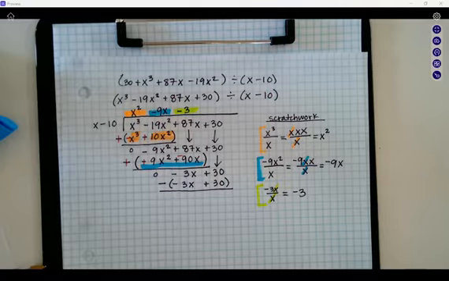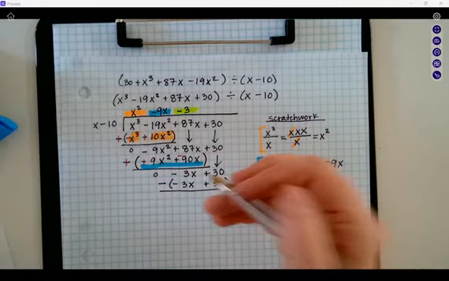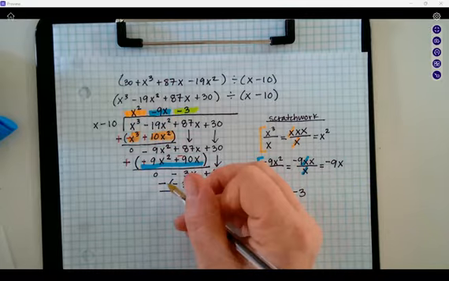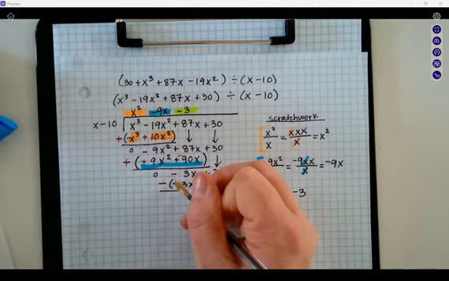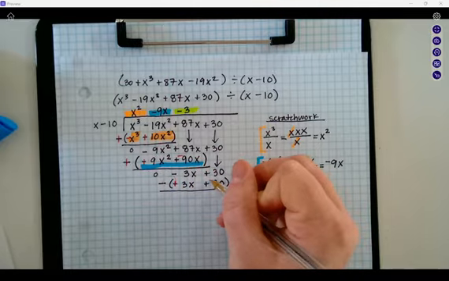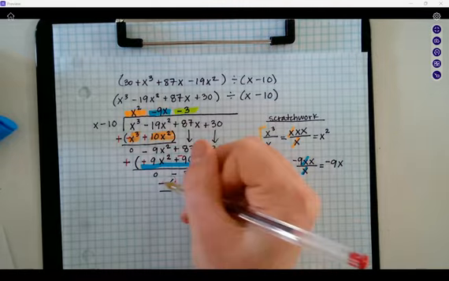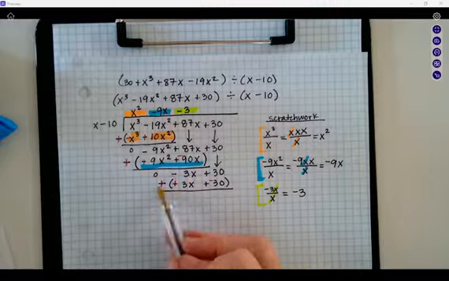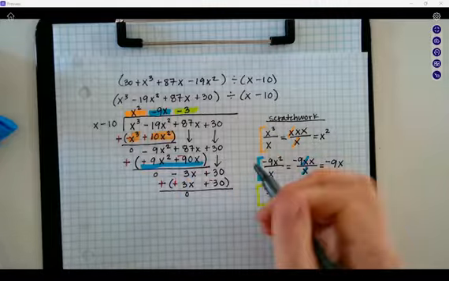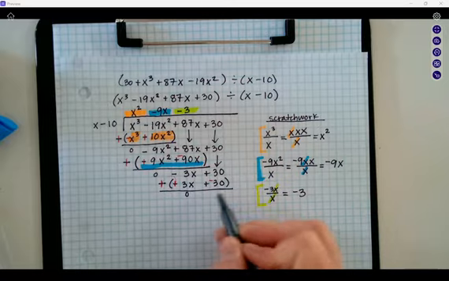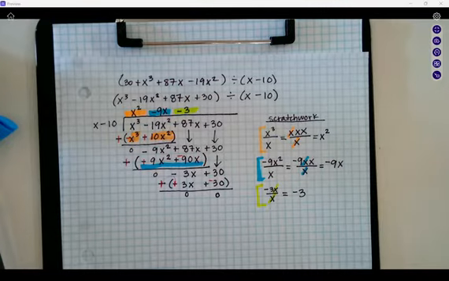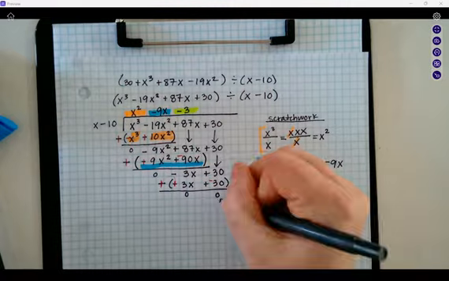I do like to distribute that negative. Some people don't. It's really a personal choice. But I like to distribute this negative, and so that causes my signs to flip inside of the group, and then we can treat this as an addition problem. So negative 3x plus 3x is 0. 30 plus negative 30 is 0. So we have no remainder.